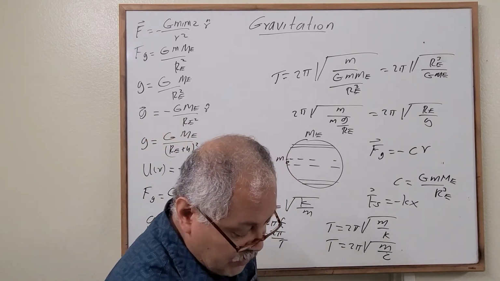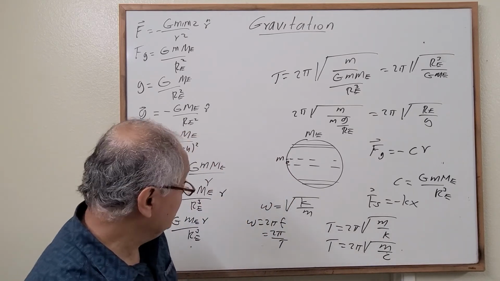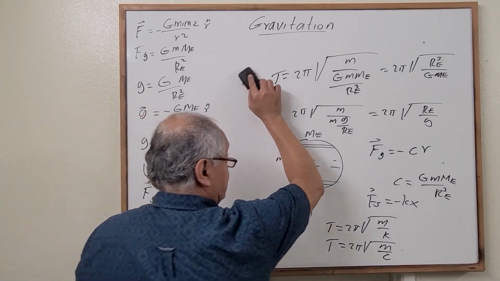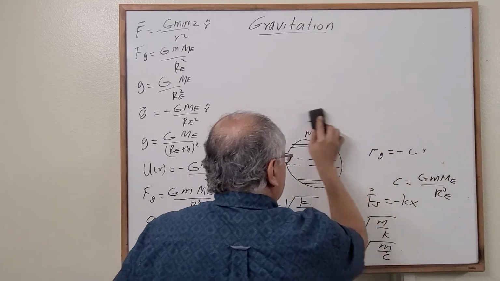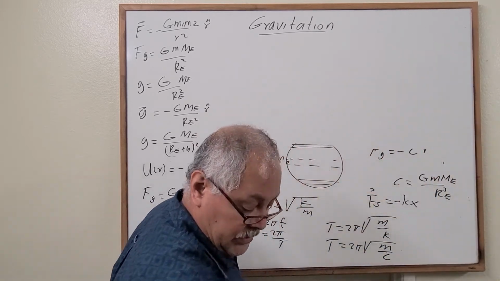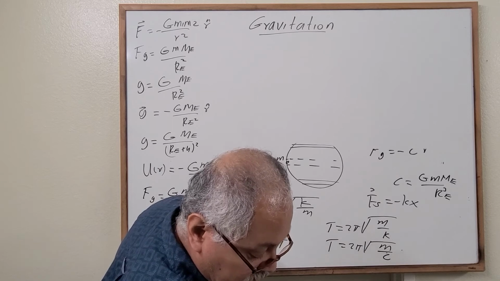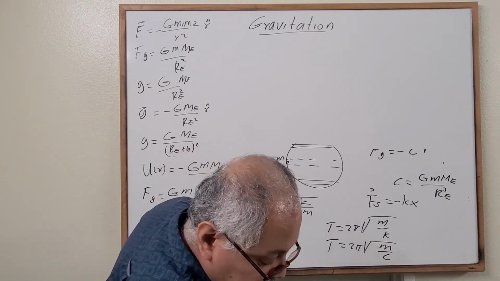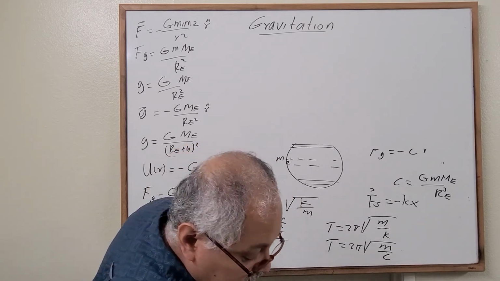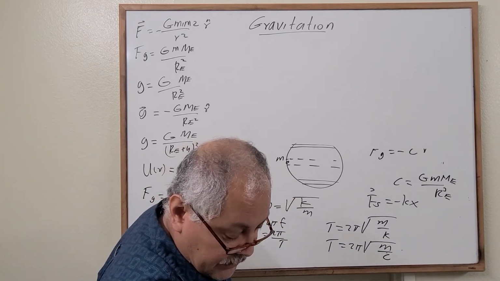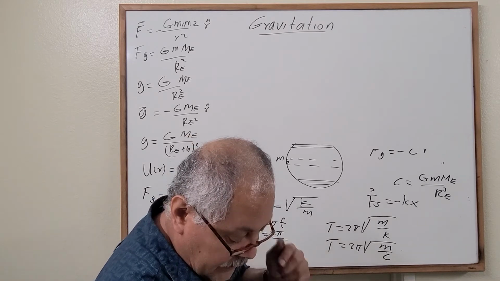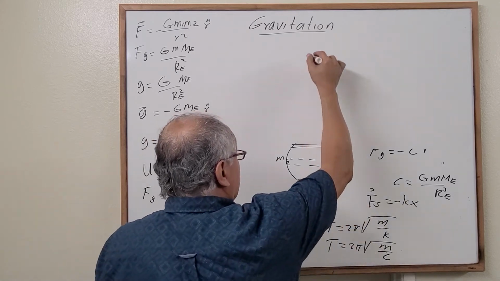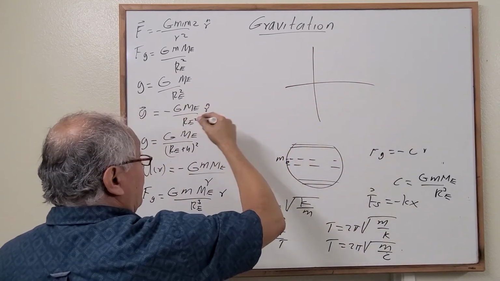Perfect. So what do we have then? Let's graph these formulas. What do we have when we're dealing with gravitational potential energy and so on? For example, we have the force, if we're dealing with the gravitational force that we found before.